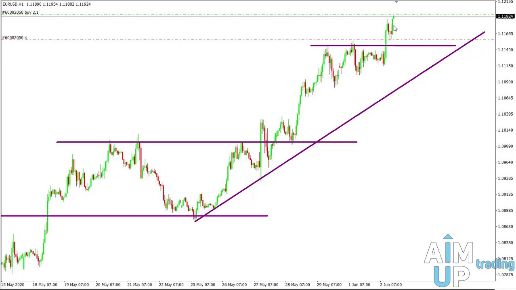So most likely, if the price comes back, it's going to act as a support for the price. So definitely that would give you a higher chance of this price testing the zone and most likely going back up. But in this case, we're going to have a tight stop loss.